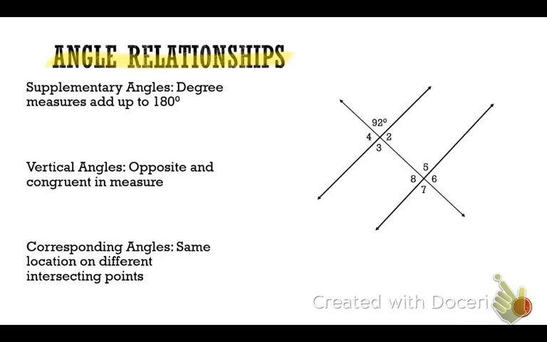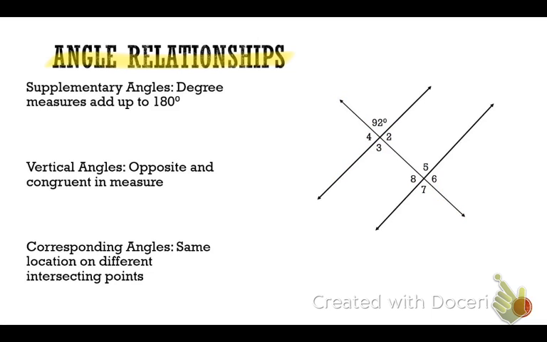But because of angle relationships, and when a transversal, so this line right here is the transversal because it intersects two parallel lines, it creates angle pairs and relationships. So based on that, I can actually tell what all the angle measures are without actually measuring a single one of them. Okay? All right, so there we go.